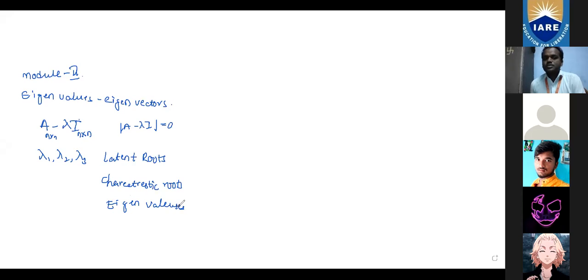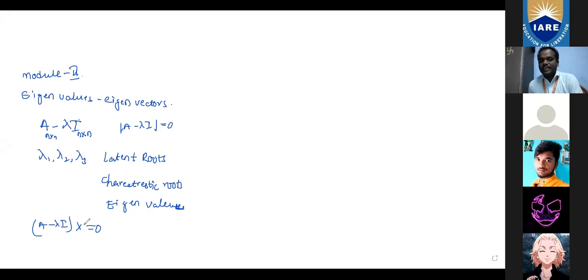Using the eigenvalues, we find the corresponding eigenvectors from A minus lambda I of x is equal to 0, where x is the unknown.